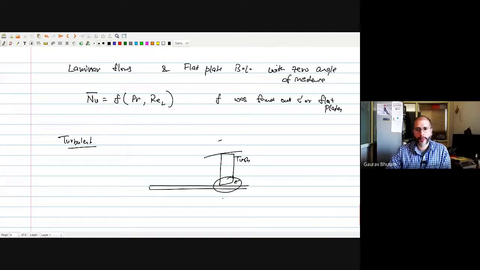So we will jump straight to giving you correlations for different geometries for turbulent flows, for the average Nusselt number values, and then we'll solve a lot of different problems where we'll use these correlations. We will first try to understand what sort of flow regime is there, and then solve problems by using the most applicable form of the Nusselt number correlation that is available to us.